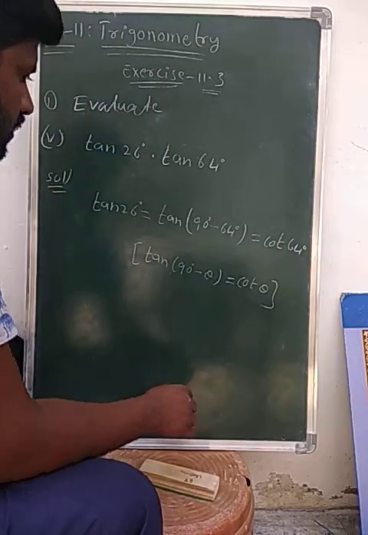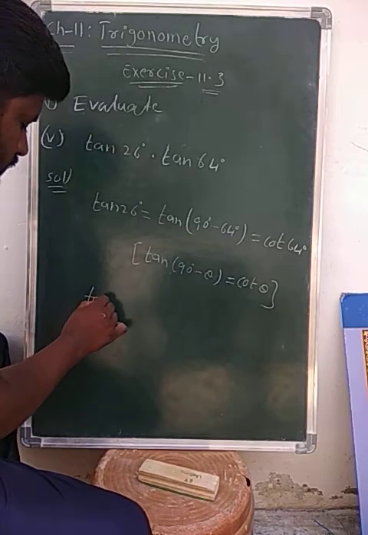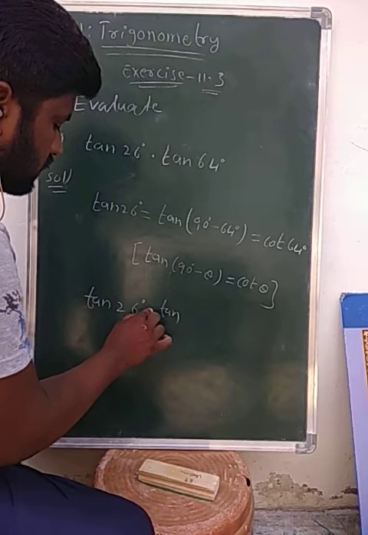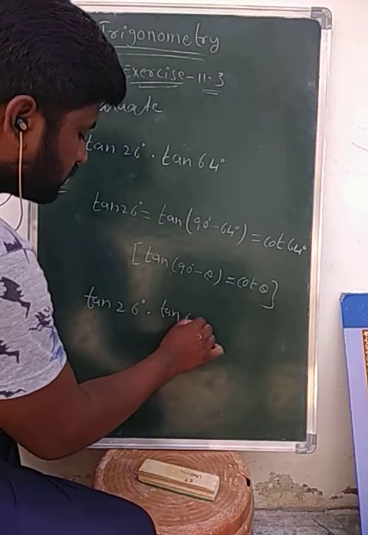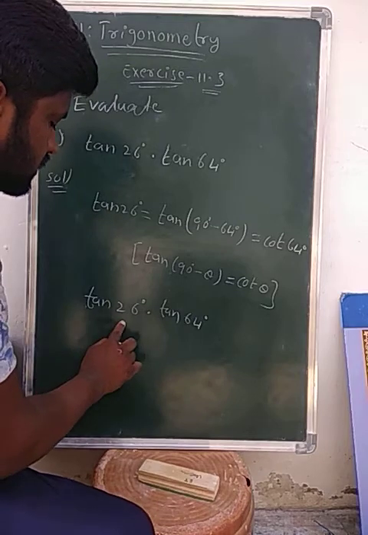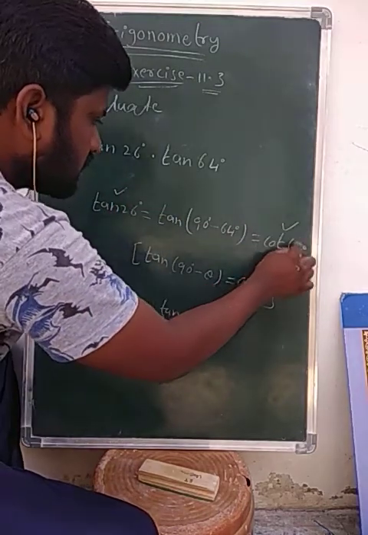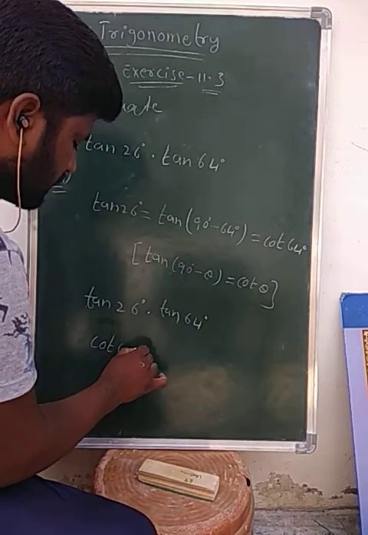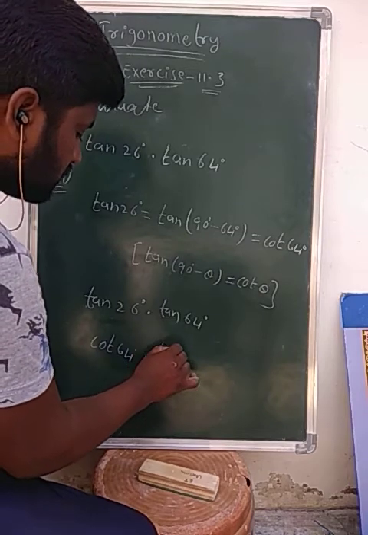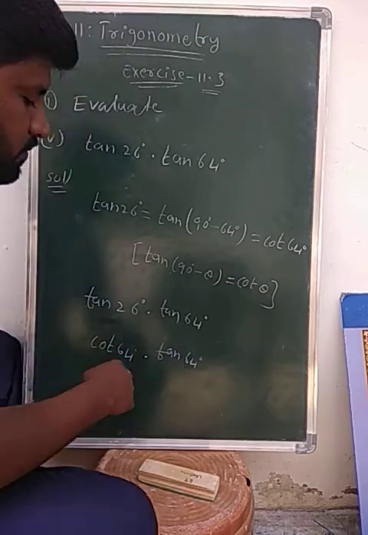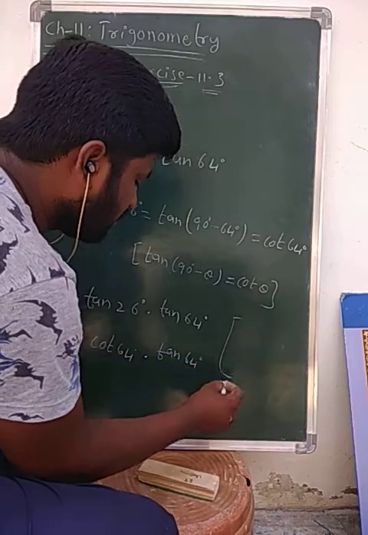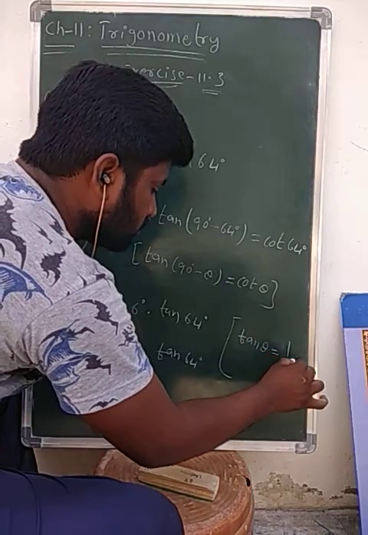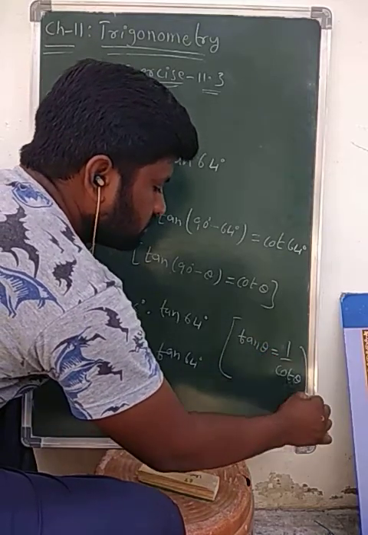Now writing this: tan 26 degrees into tan 64 degrees. Tan 26 degrees becomes cot 64 degrees, so cot 64 degrees into tan 64 degrees. In reciprocal relation we have the formula tan theta is equal to 1 by cot theta.